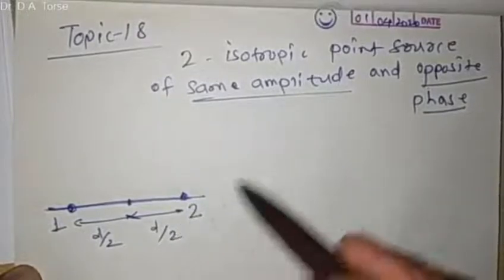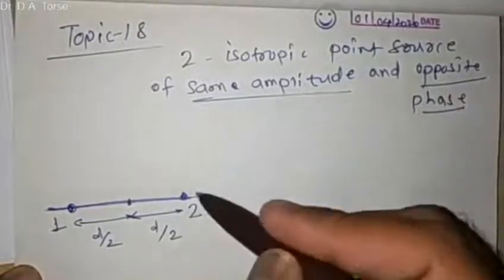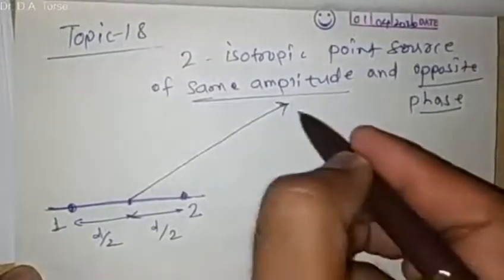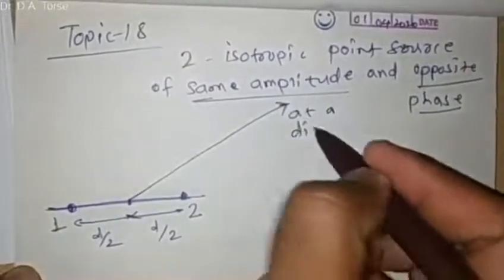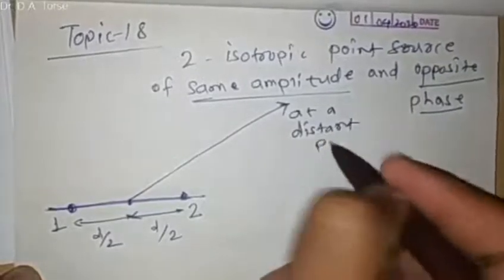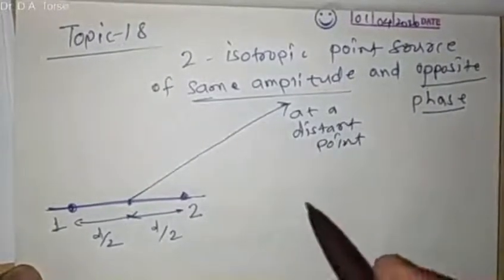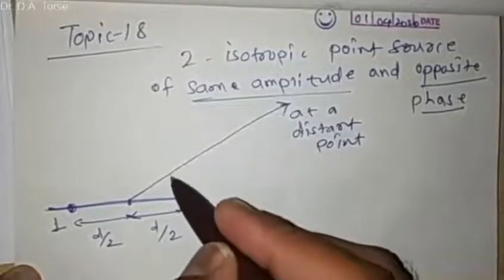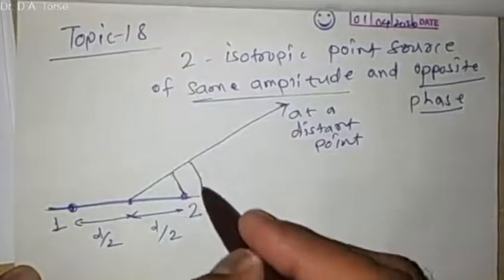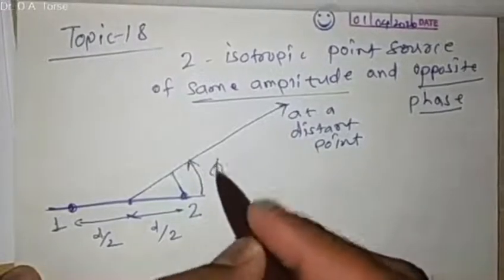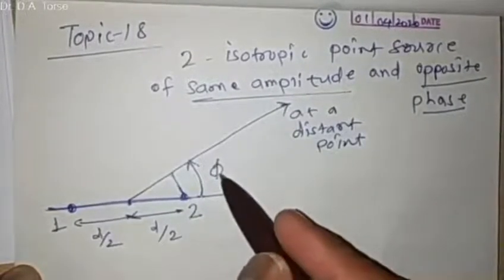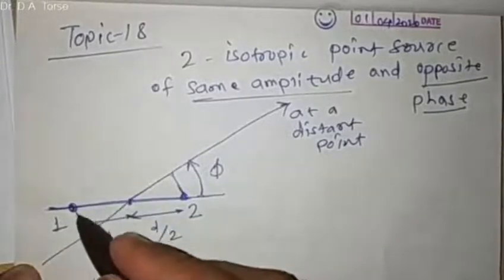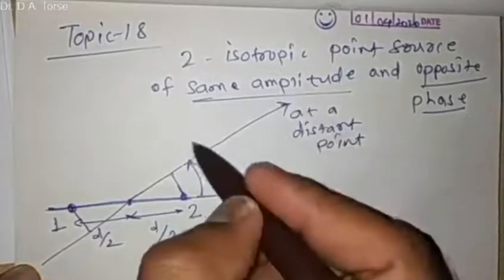The fields radiated by them have the same amplitude but opposite phase, and we are measuring the total field radiated by them at a distant point in free space, which is called the far field. We are doing this measurement in the counterclockwise direction phi, at a distance of r.